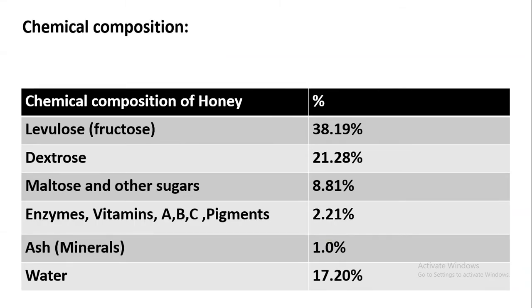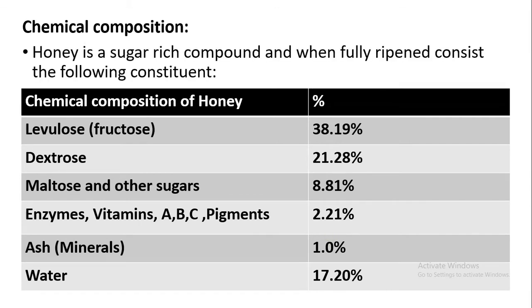Here this is the chemical composition of the honey. Honey is a sugar rich compound, and when fully ripe it consists of all these constituents. First of all, the most present in honey is levulose, that is 38.919%. Then comes dextrose which is 21.28%.